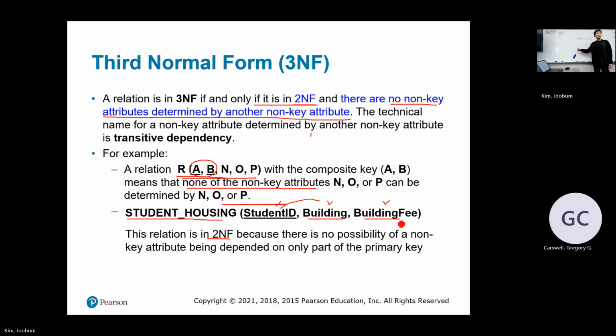It is not a primary key. It is a non-key attribute. How about building fee? It is also a non-key attribute. There is a relationship between non-key attributes. So that relationship violates one of the conditions: a non-key attribute cannot determine another non-key attribute. Make sense?